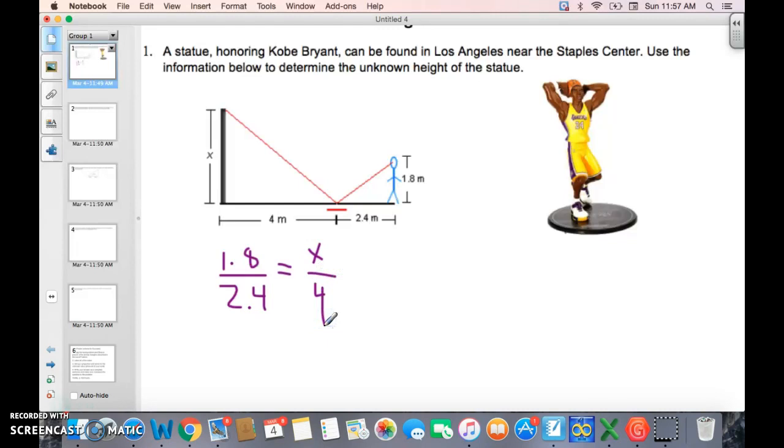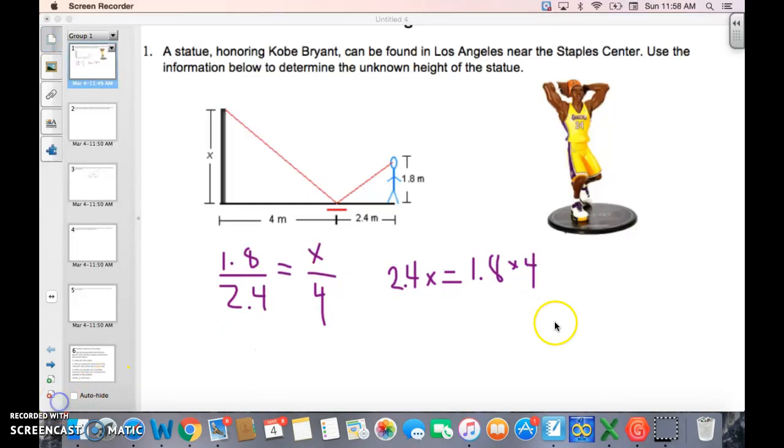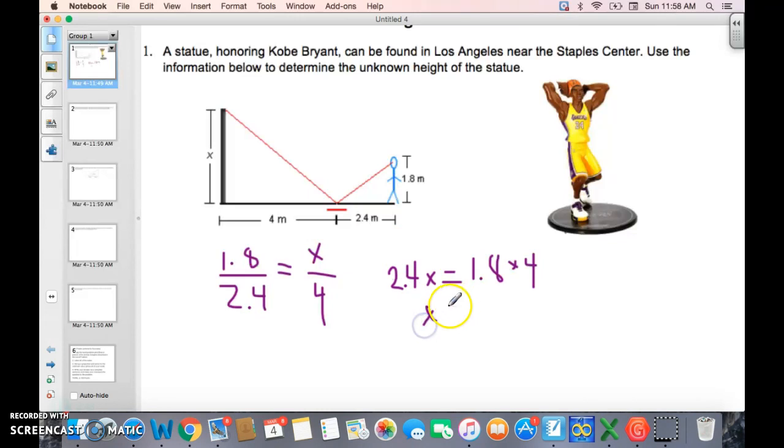Okay, and then we're just going to simply cross multiply, so you get 2.4x equals 1.8 times 4. You multiply 1.8 times 4, you get 7.2. Divide that by 2.4, and you end up with x equaling 3.